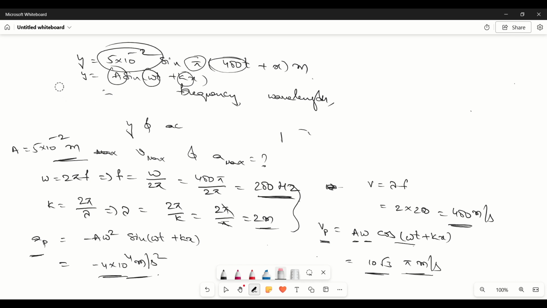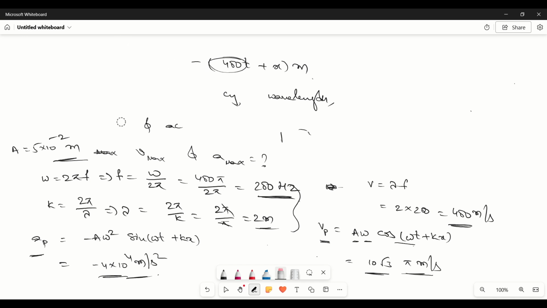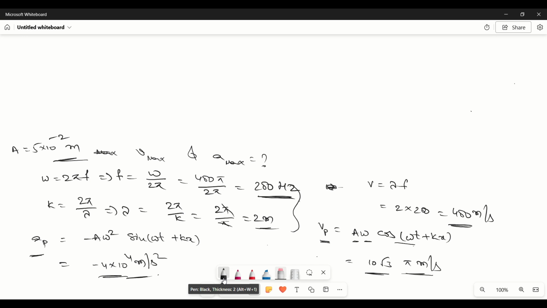On substituting the values of a and omega, we get 20 pi meter per second, and the maximum acceleration is represented as a omega square. On substituting here, we get 8 into 10 to the power of 4 meter per second square. So these are the values of maximum velocity and maximum acceleration.